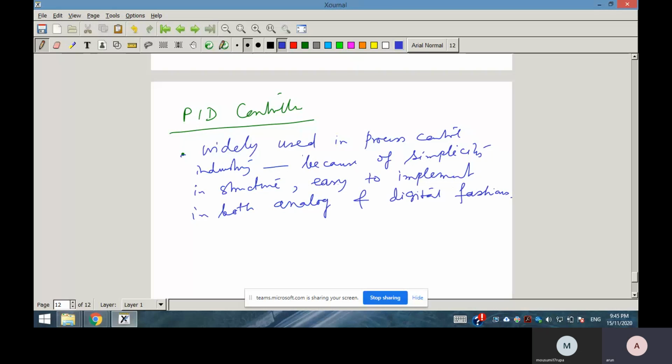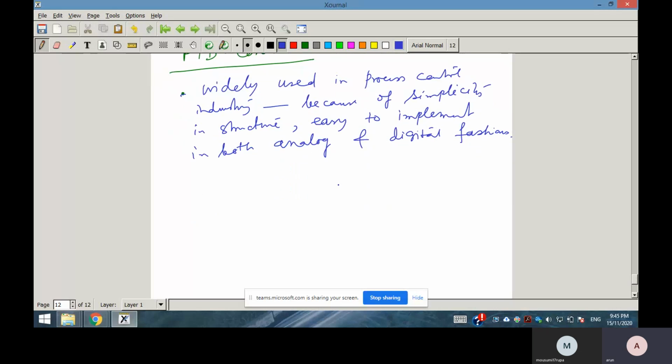So these are the main advantages. Very simple structure, only three gains are there. Using op-amps you can implement in analog, and using an embedded processor you can also implement it digitally. So that's the advantage.